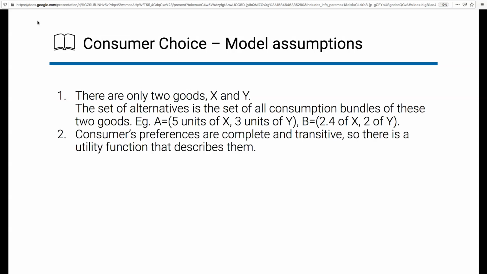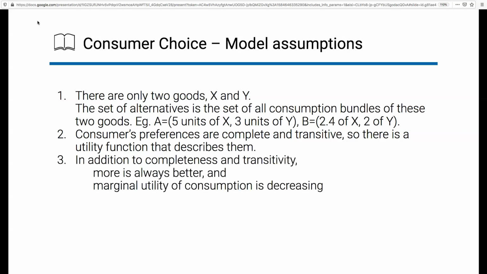We will, of course, assume that the consumer's preferences are complete and transitive so that we can describe them with the utility function, and that thus each consumption bundle can get a utility label associated with it. In addition to preferences being complete and transitive, we would also like the preferences to be such that more is always better.